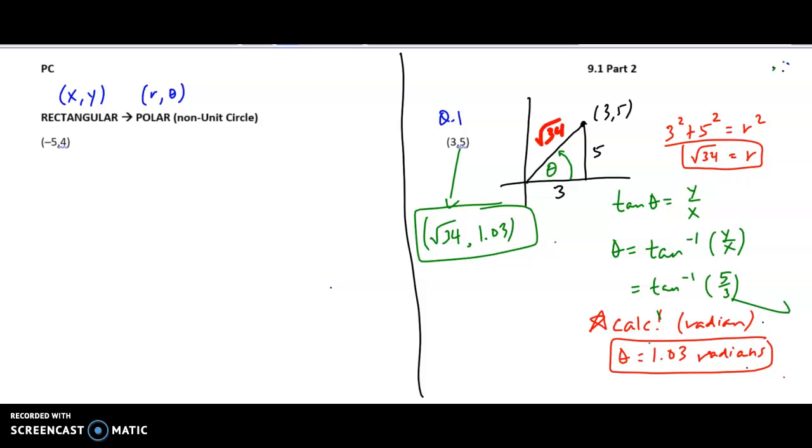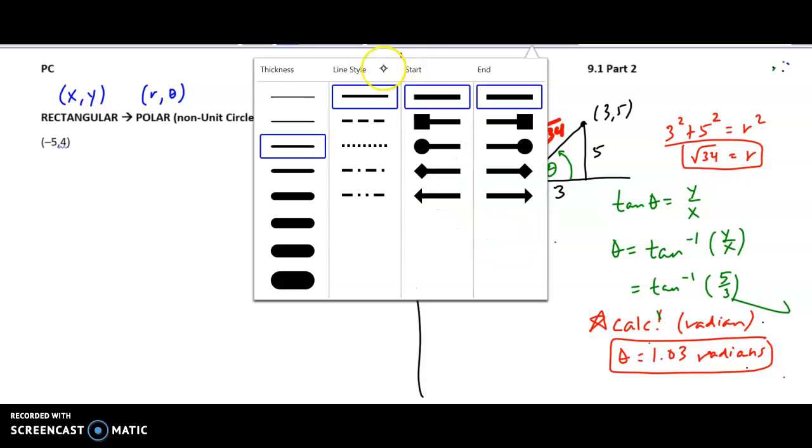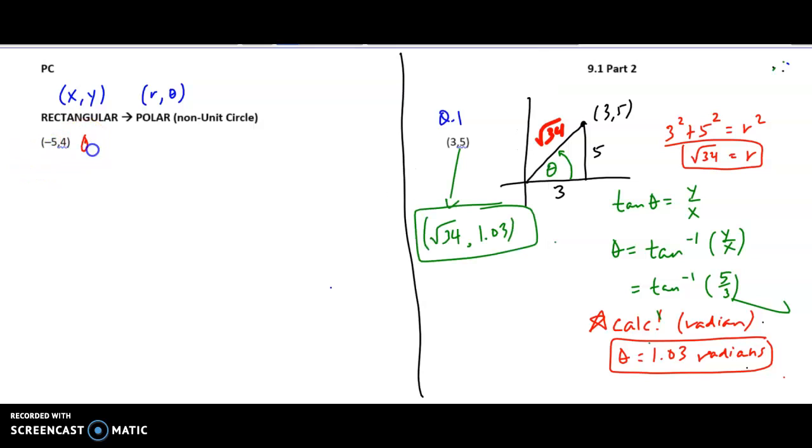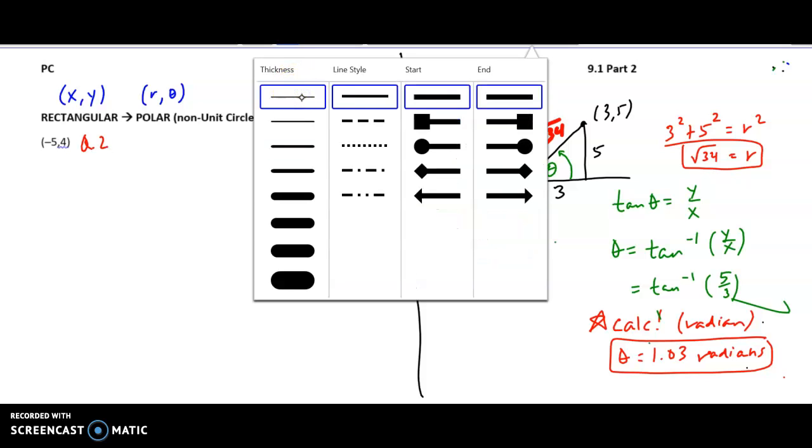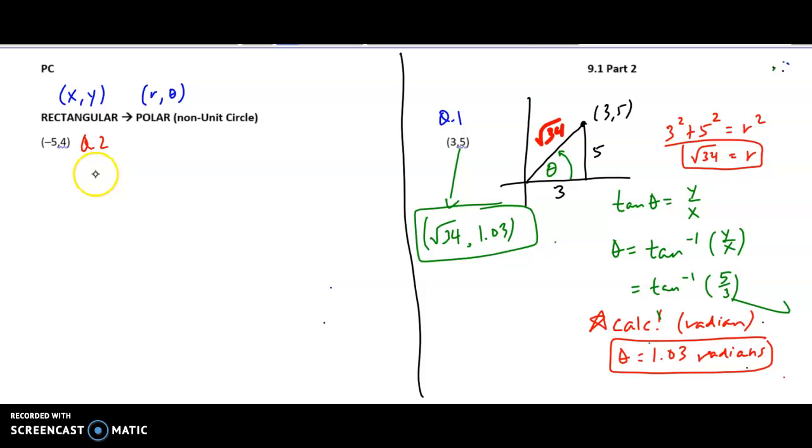So this coordinate point, negative 5, 4, we know this is in quadrant 2. I'm going to draw my triangle and plot this point in quadrant 2, negative 5, 4, something like this.